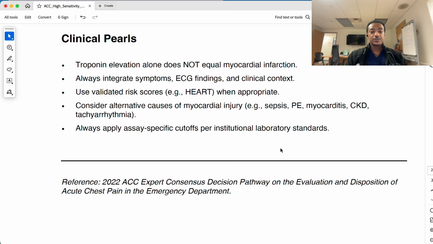And always apply the assay specific cutoffs for the high sensitivity troponins per your institutional lab standards. There is no single number that we use for a significant delta or an abnormal troponin level. It's different for different labs.